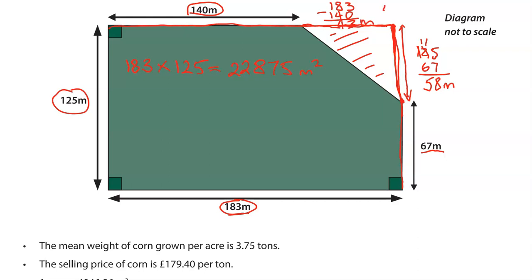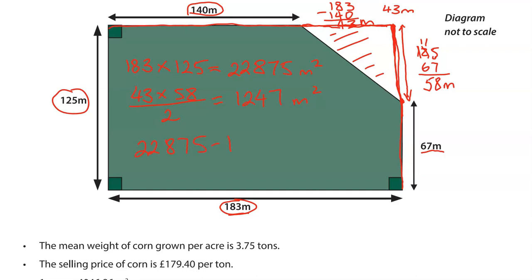I'm going to rewrite it here. So to work out the area of the triangle, we'll go 43 times 58 all divided by 2, which is 1,247 square meters.